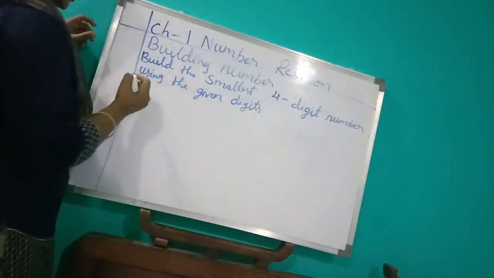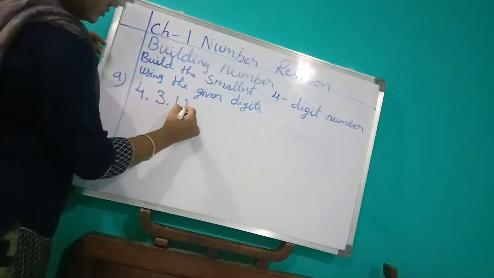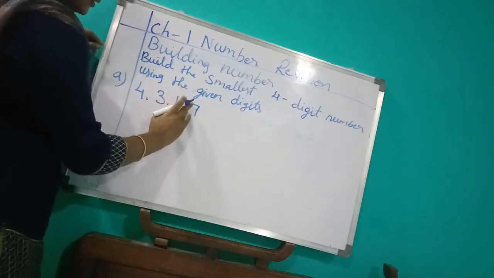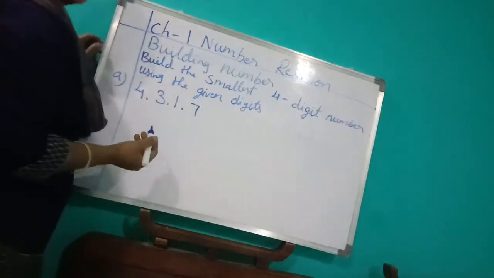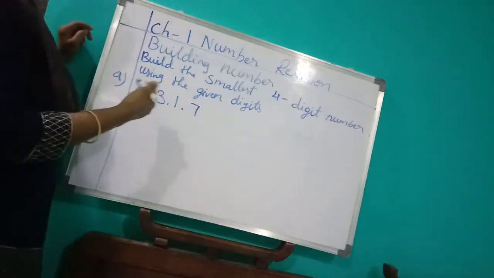See, what are the digits they given? You should use the digits and you should make the smallest 4-digit number. Understood children? See here. Ascending order means what children? Small to big. Small number to big number you should arrange in the order.